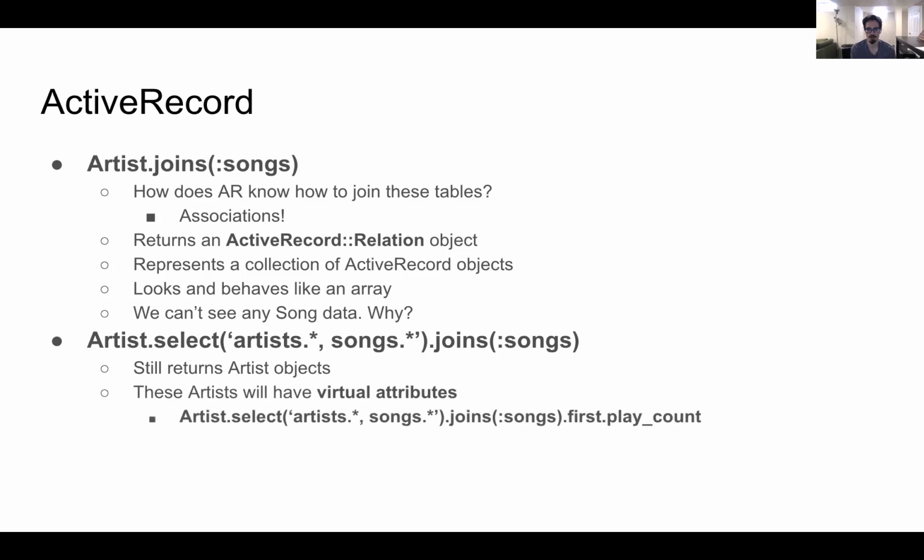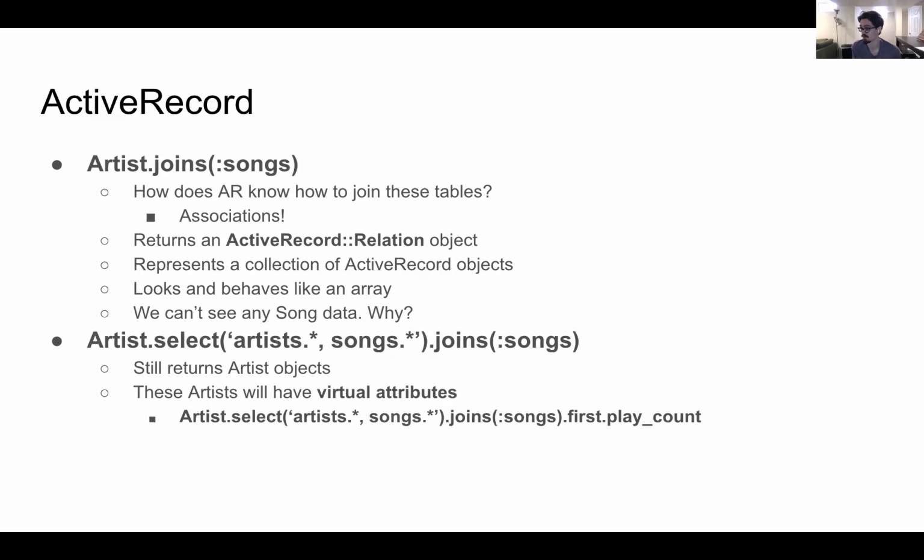So we can call .first.play_count on this. We can access song attributes on this joined table. We're just not going to see them if we try to pretty print it out or something like that. So that's some of the really core need-to-know information here.